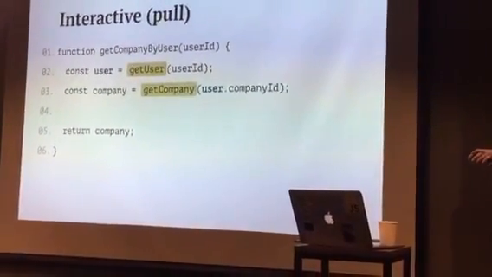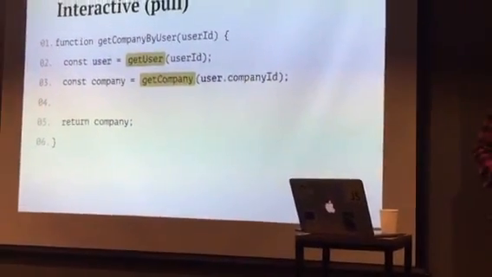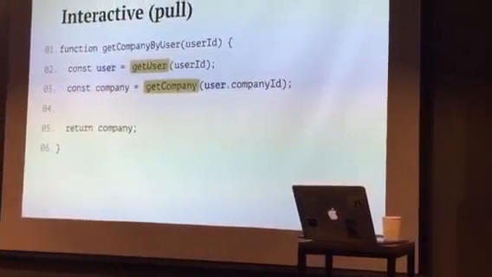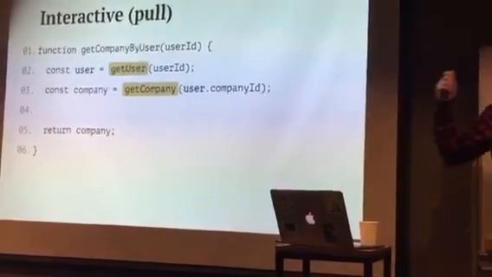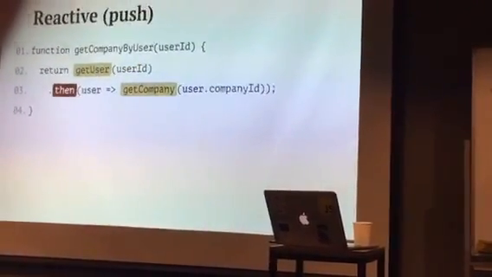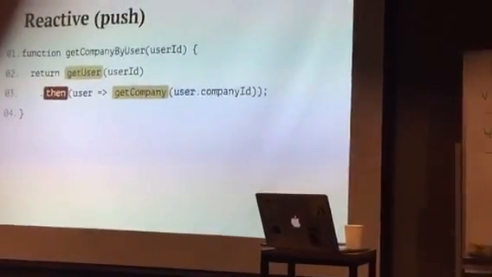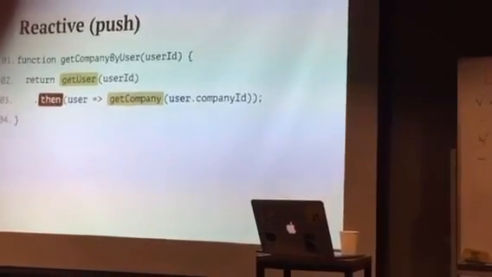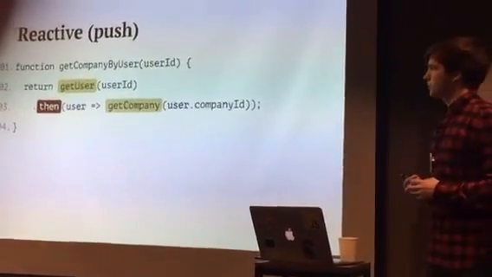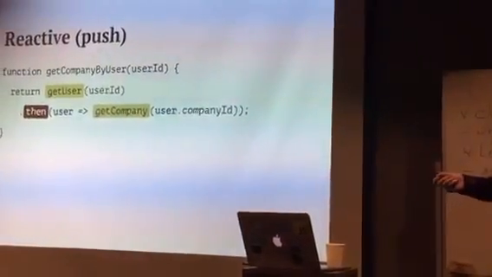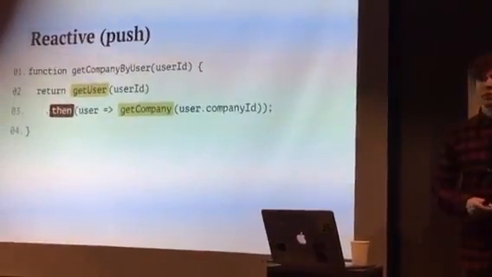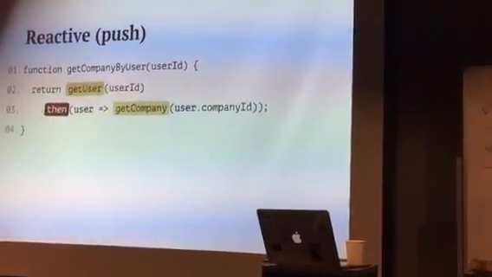So when we use get company by user, we have to wait while all this calculation is finished. And talking about the asynchronous approach, the reactive approach, we will use, for example, promises, and we'll be sure that the function get company by user will be asynchronous, and it will be a non-blocking function.